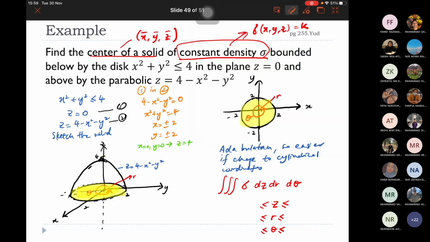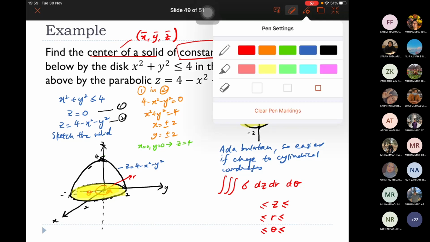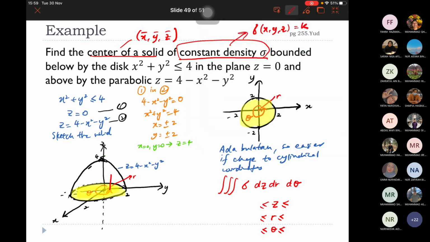Okay, kalau tak tahu Z daripada berapa ke berapa, awak gerakkan sahaja daripada bawah sampai garisan mana dia jumpa. So dia akan jumpa garisan Z sama dengan 4 tolak X squared tolak Y squared. So boundary of Z from where to where?